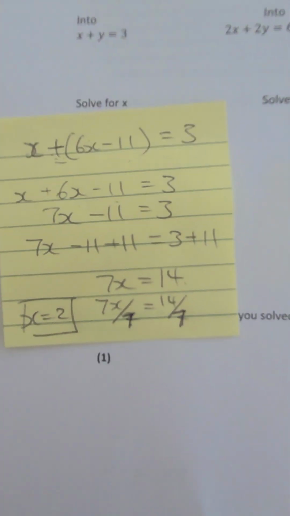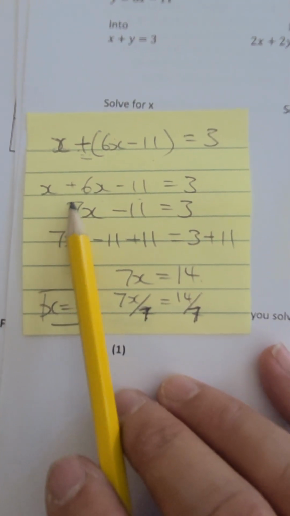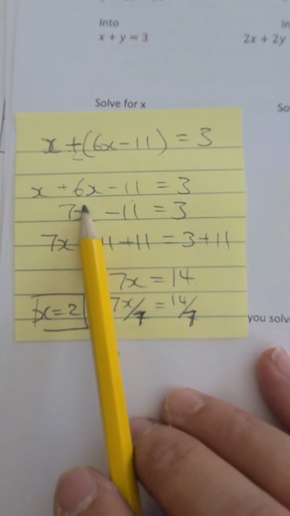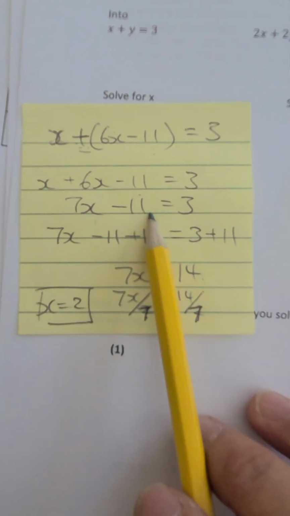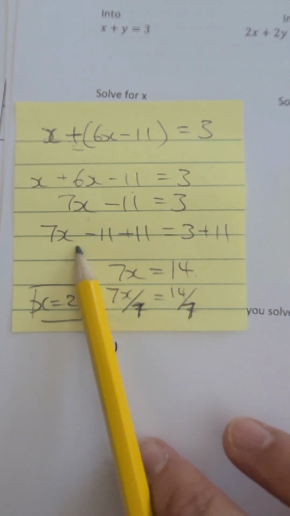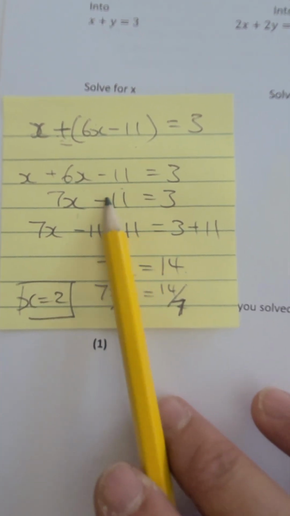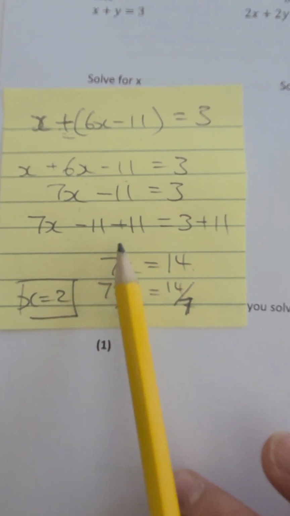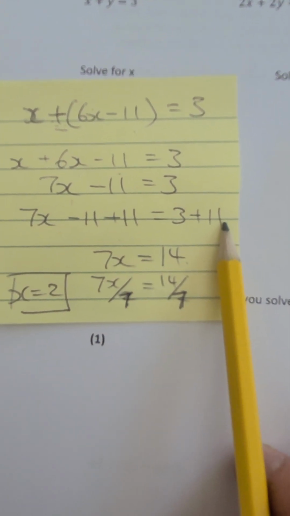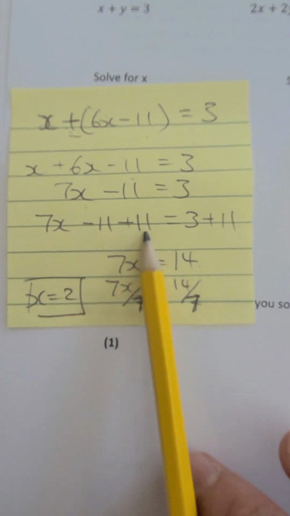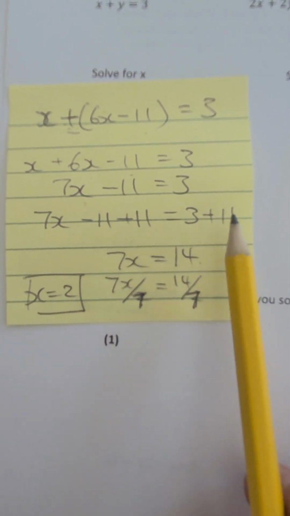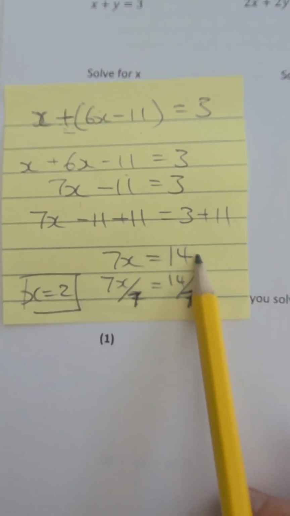So now you're going to be solving for like terms. x plus 6x gives you 7x. The minus 11, you want to move it to the other side, so I have plus 11 on both sides. Minus 11 plus 11 becomes 0. 3 plus 11 gives you 14.